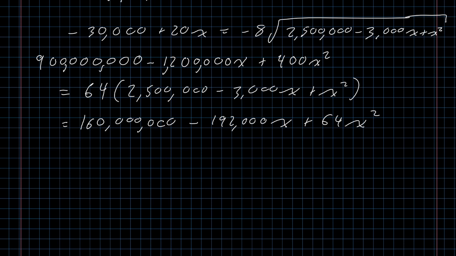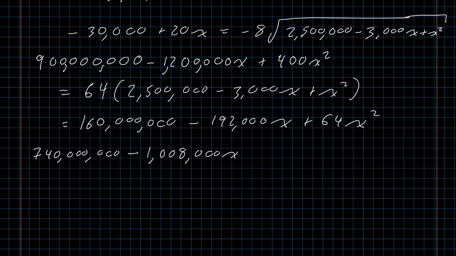Move everything to the left-hand side of the equation by subtracting the right-hand side of the equation. So 900 million minus 160 million comes out at 740 million. We have minus 1,200,000 plus 192,000, which is going to be minus 1,008,000 times x.